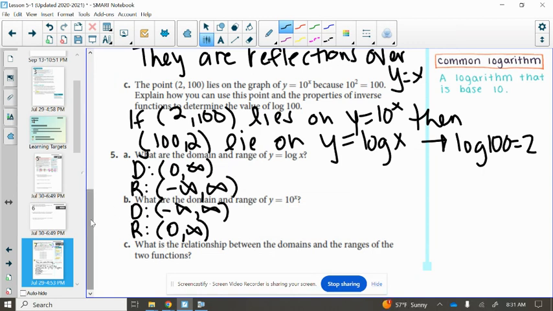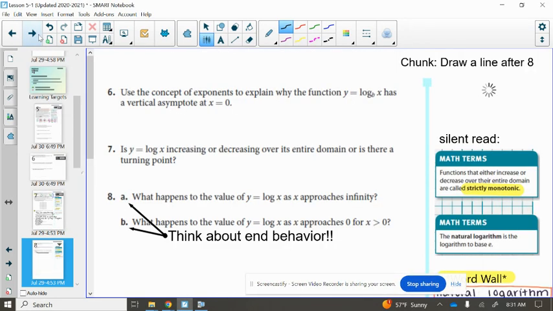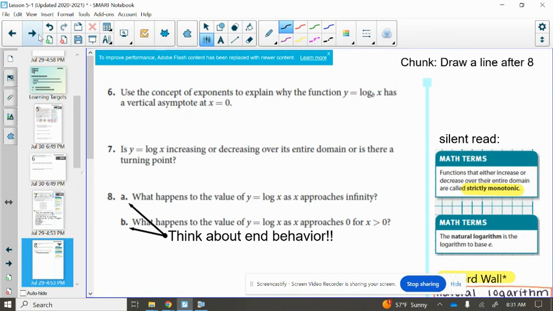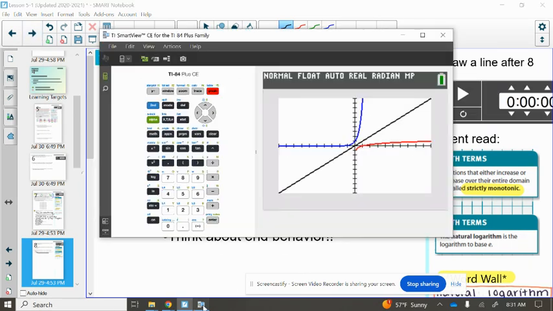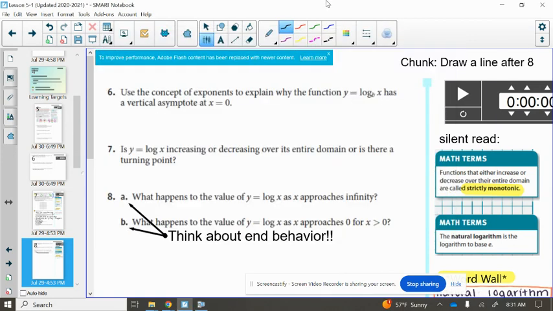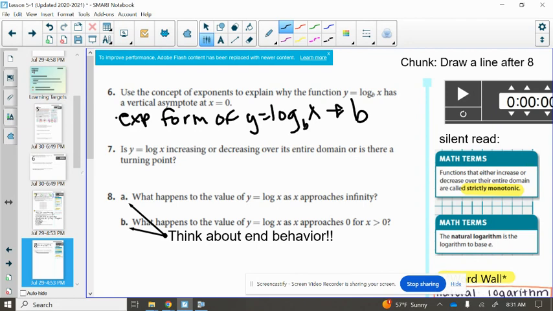And again, the domain and the range are the vice versa of each other's. All right, now, again, connecting this back to the idea, if we look here, why is there a vertical asymptote at x equals 0? Well, the exponential form of our graph, y equals log base b of x, is b to the y power equals x.